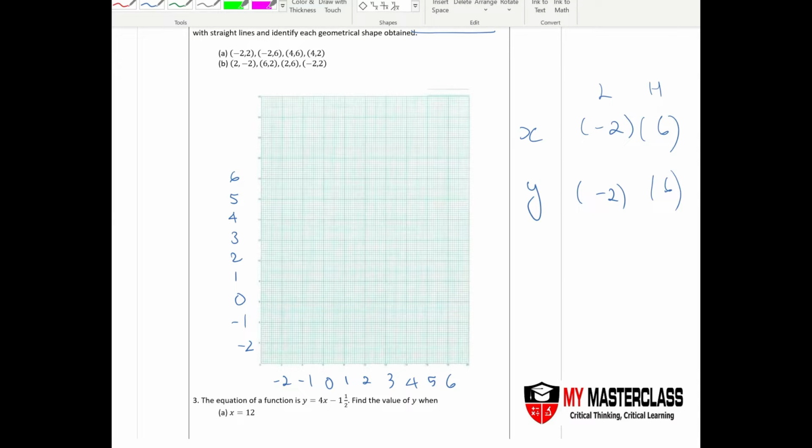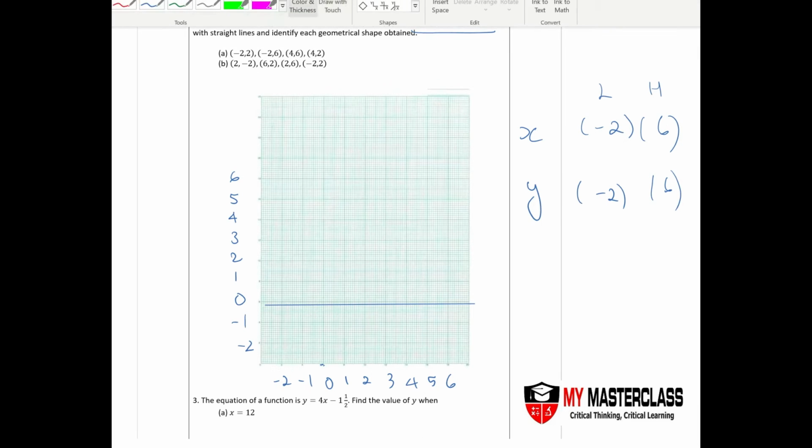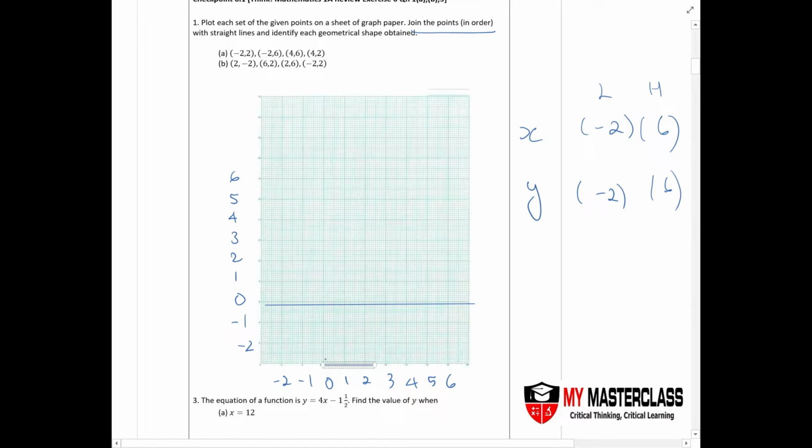Then I would have one line here, moving it upwards slightly higher, and then another line, and another line here, all the way up to this point. So what you can see here is that I have already drawn my axes.